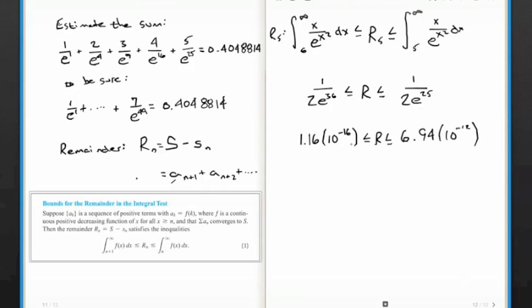So my remainder is in a very, very narrow range of very, very small numbers. So going out to the 5th term, the 7th term, gave me a pretty accurate range of what my final sum is. But speaking of my final sum, why did I bother with this?